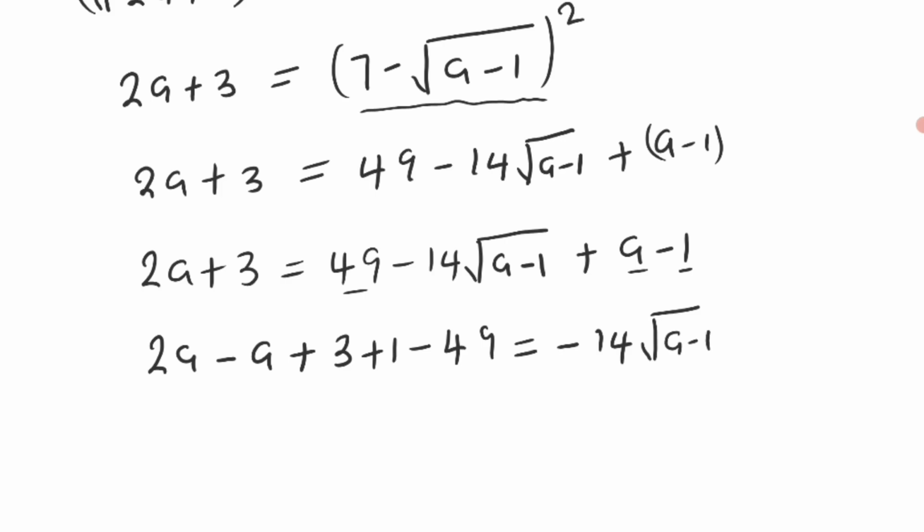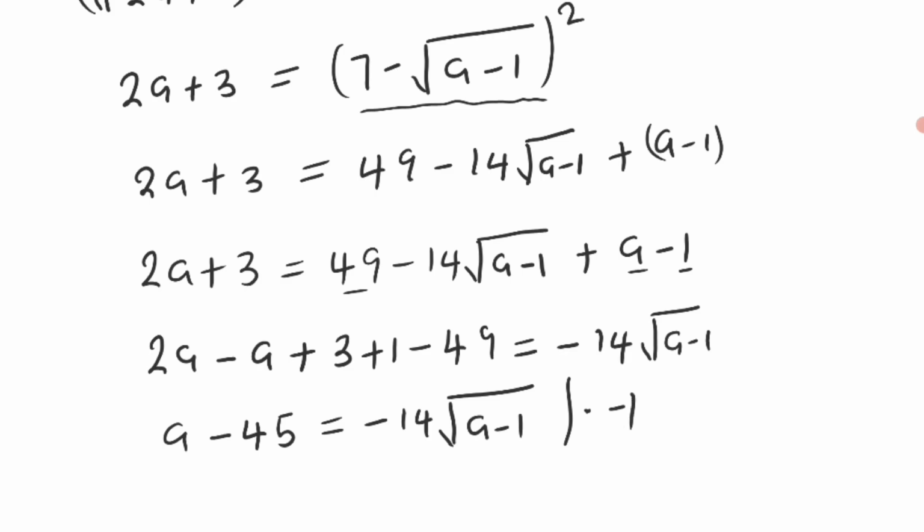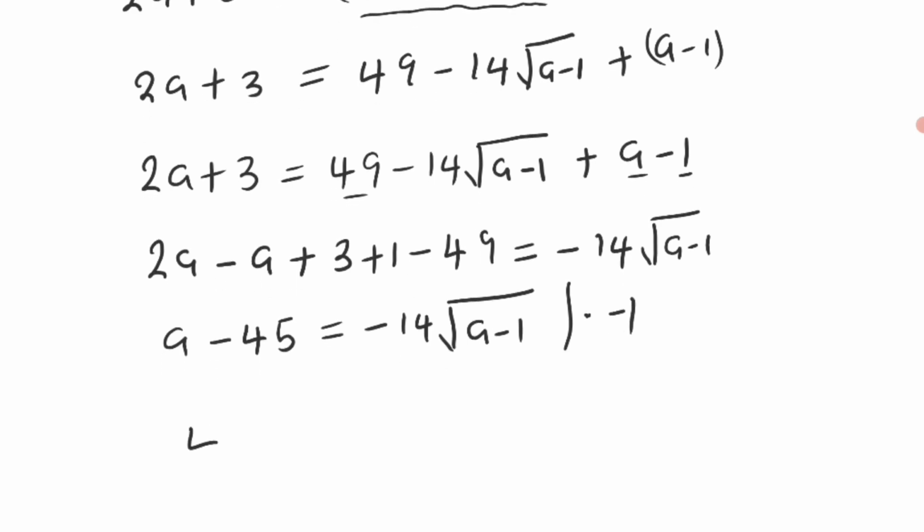Then 2a minus a, then 3 plus 1, that is 4, minus 49, that is minus 45, is equal to minus 14 square root of a minus 1. Now let us multiply the whole equation by minus 1, and this becomes 45 minus a is equal to 14 square root of a minus 1.